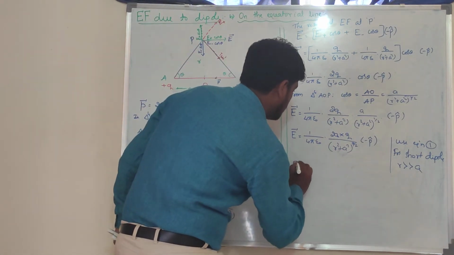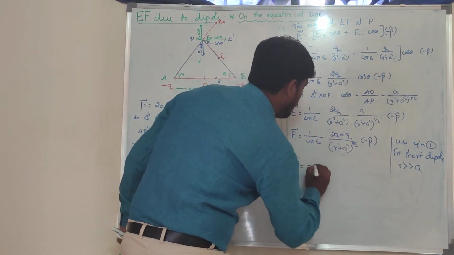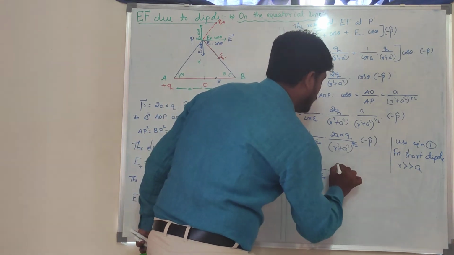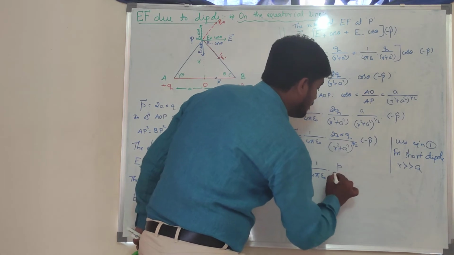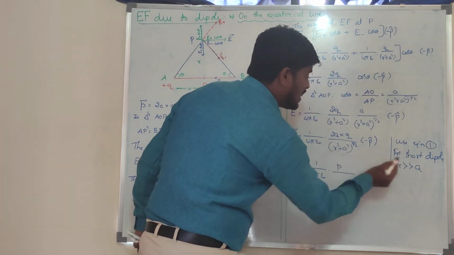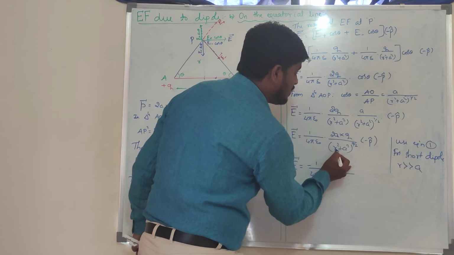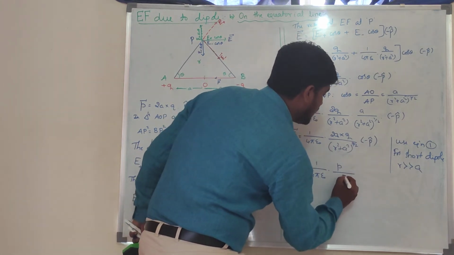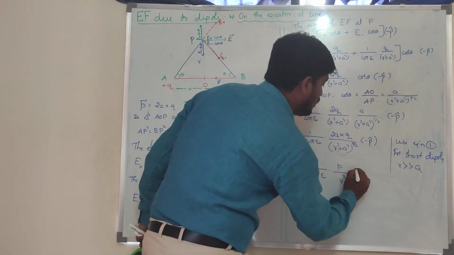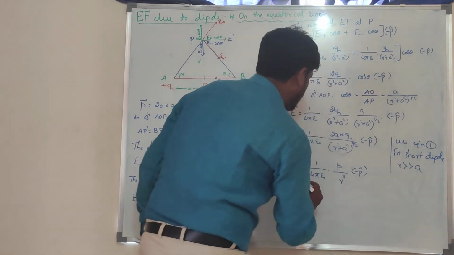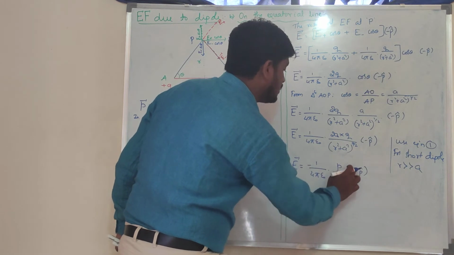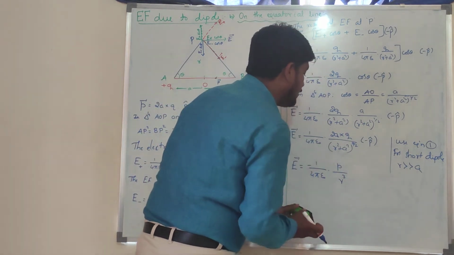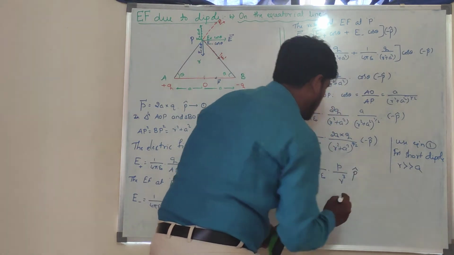So finally vector E is equal to minus 1 by 4 pi epsilon naught into 2a into q replaced by p divided by, a square is neglected, so it becomes r square raised to 3 by 2, 2 gets cancelled, so finally it is simply r cube into minus p cap, and finally plus, I have taken outside, so it is plus p cap into p cap.